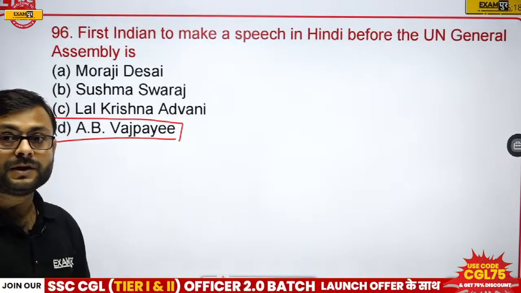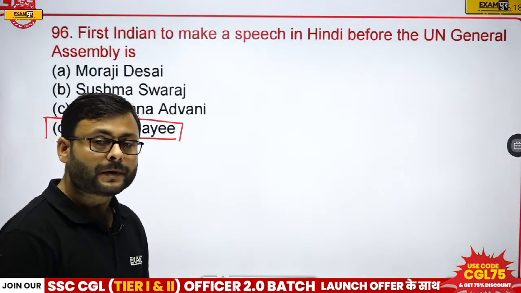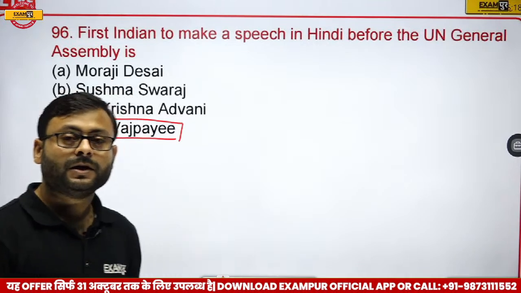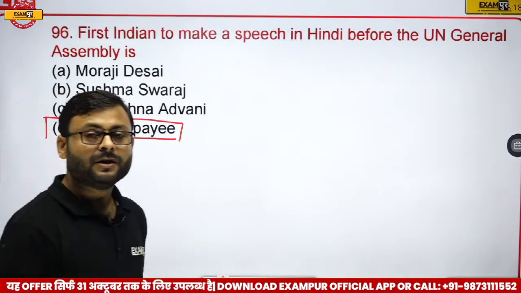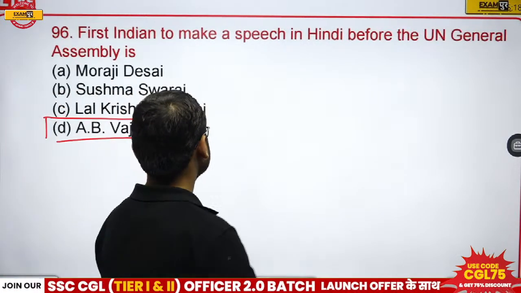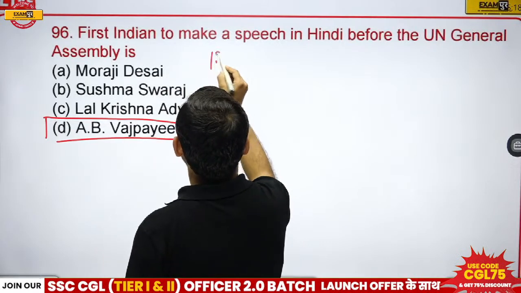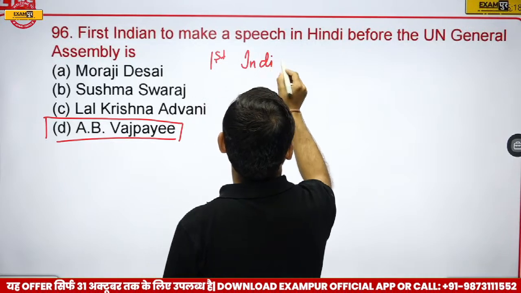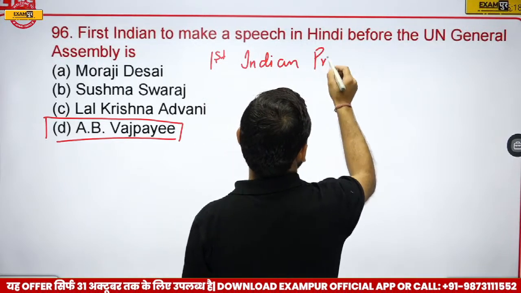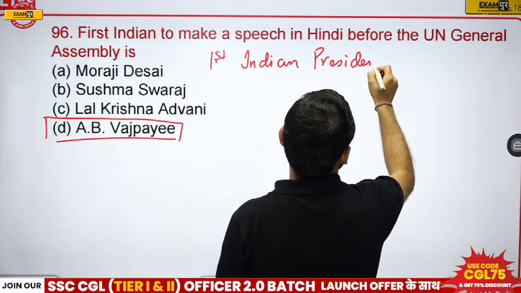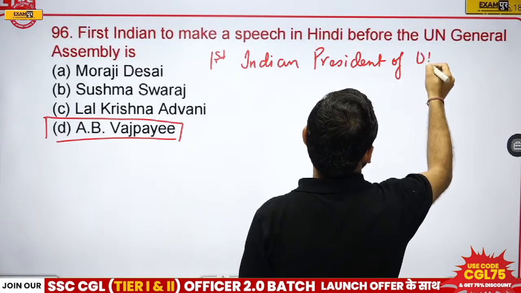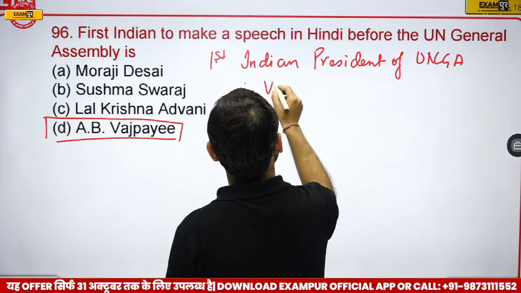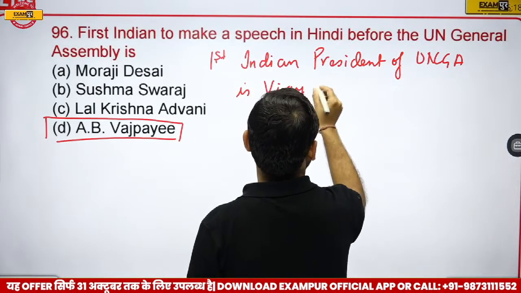And who was the first Indian president of UNGA? The answer was Vijay Lakshmi Pandit. First Indian president of UNGA is Vijay Lakshmi Pandit.